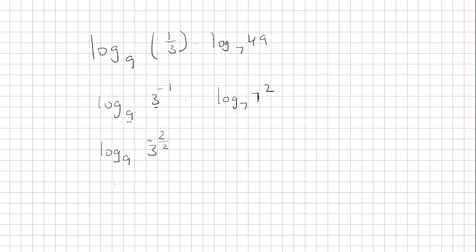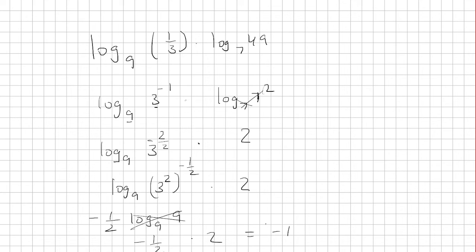And so we can keep the square, but then leave the negative 1/2 as an exponent. Now this negative 1/2 will come out in front, and 3 squared becomes 9. So 9 will cancel here, and we have negative 1/2. And then these 7s are going to cancel, we'll have 2. So everywhere we're going to multiply by 2. And at the end we have negative 1/2 times 2. That's negative 1.